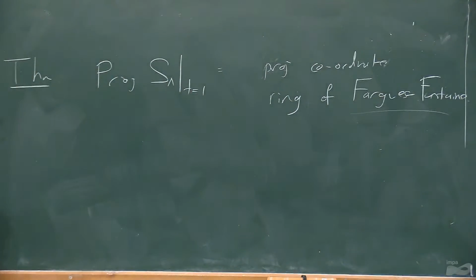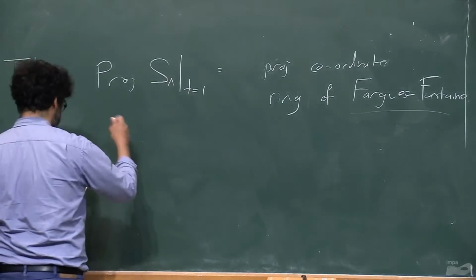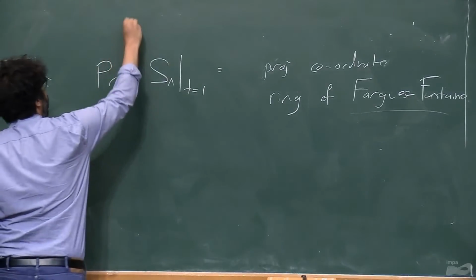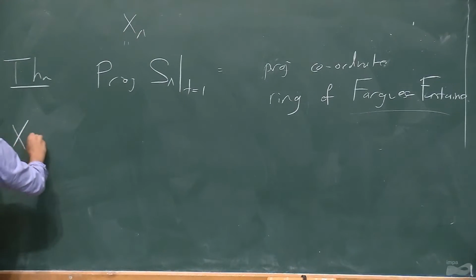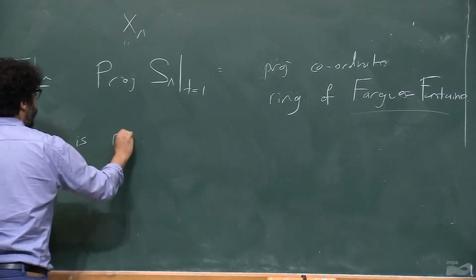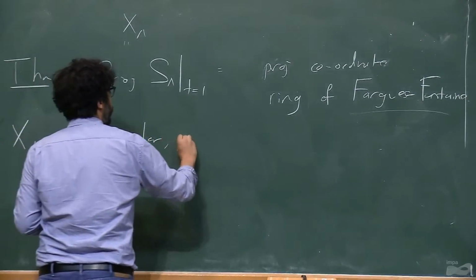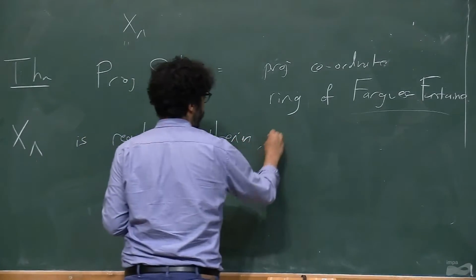There are things to explain about this curve, so maybe I can give you some information about that. This I'll call X of lambda. It's a regular Noetherian one-dimensional scheme.